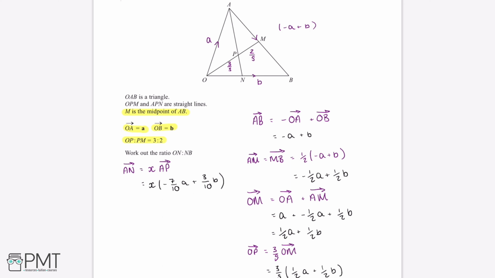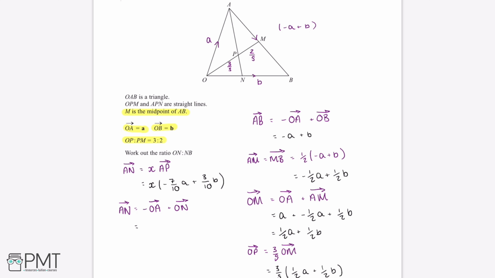To work out this constant x, we find another route from A to N and then compare the coefficients of these two vectors. Another route we can take is from A to O, so negative OA, plus ON. Because ON is on the same straight line as OB, ON will be equal to a constant multiplied by OB, and we can let this constant be y.